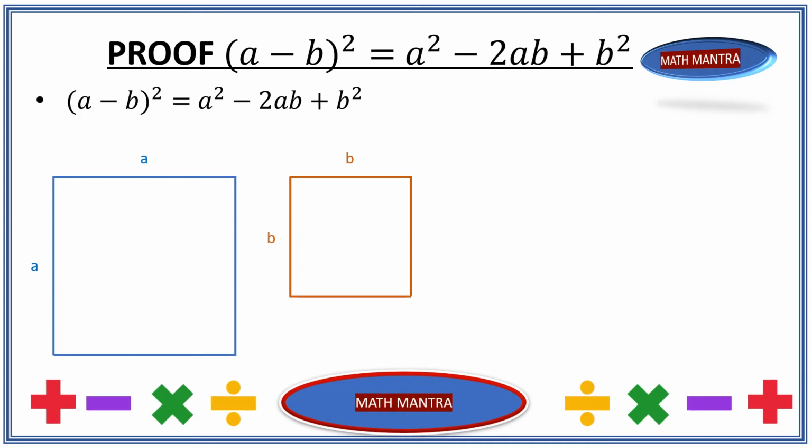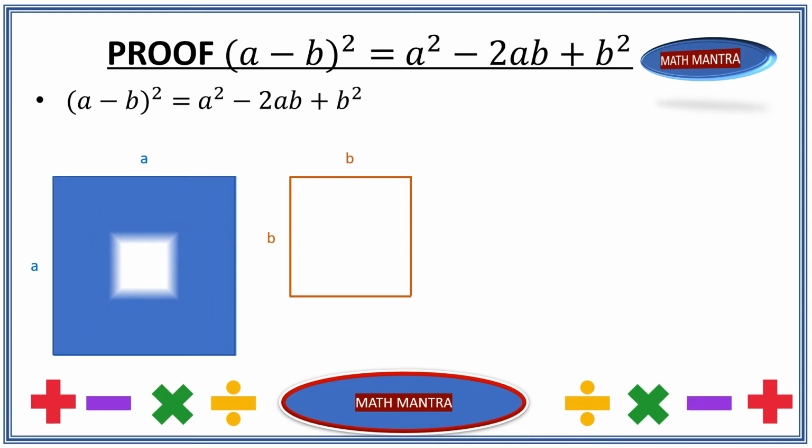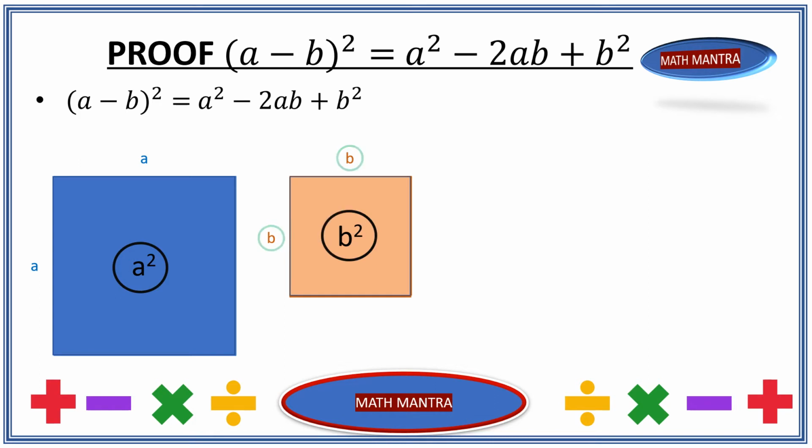As you can see, now we have a square with a blue color with the side of line segment a, and a square with a light brown color with the side of line segment b. So the area of the blue square is a square and the area of the light brown square is b square, right?